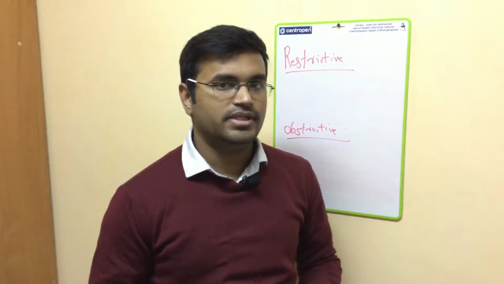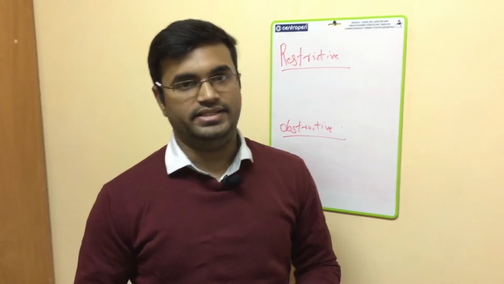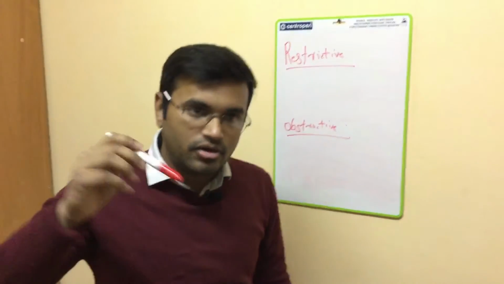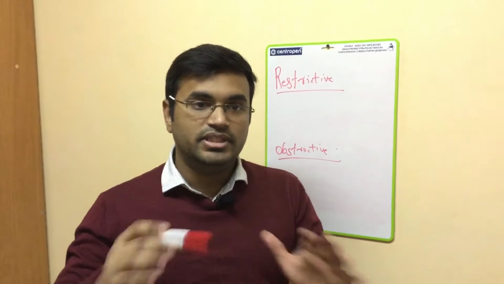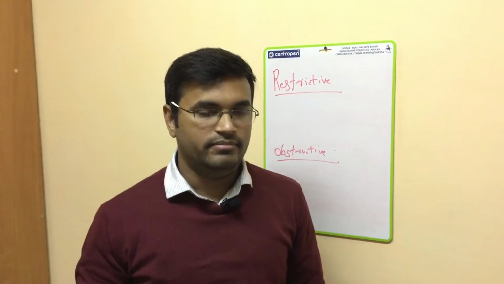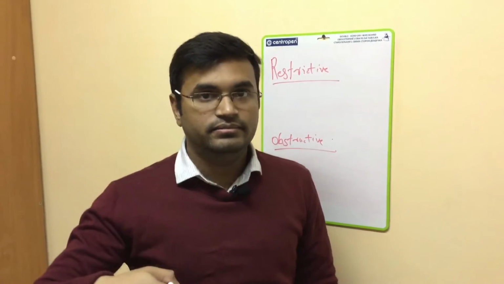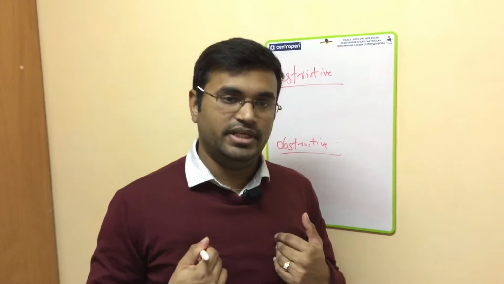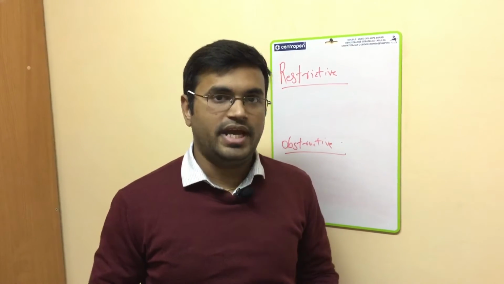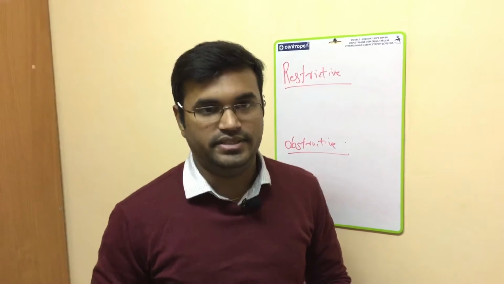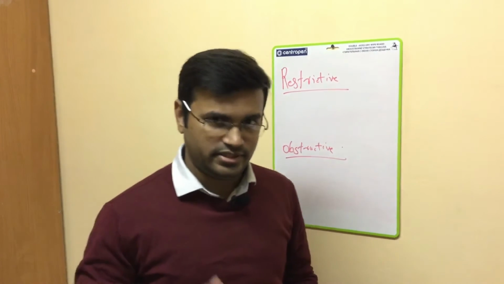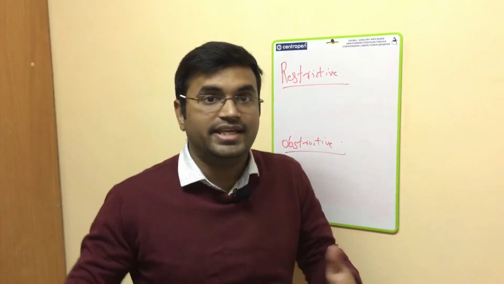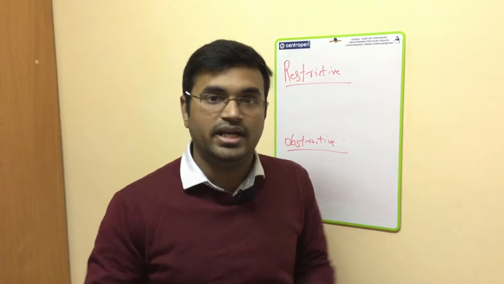Okay. So restrictive type of diseases, what happens? In restrictive type of diseases, there is a decrease in compliance. You cannot inflate the lung as much as you can. Means you cannot take air in. If I am a patient suffering from restrictive pulmonary disease, for example silicosis, asbestosis, all are restrictive pulmonary diseases, I cannot take air inside my lung.